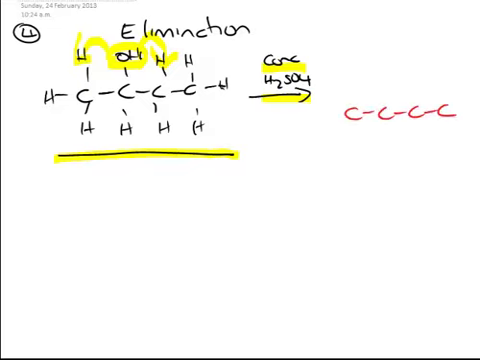And this is a little different from addition. Elimination is where the poor get poorer. Now you wouldn't explain that in an exam that way. You'd say the H that's going to get removed is the one attached to the carbon that has the least number of H's.